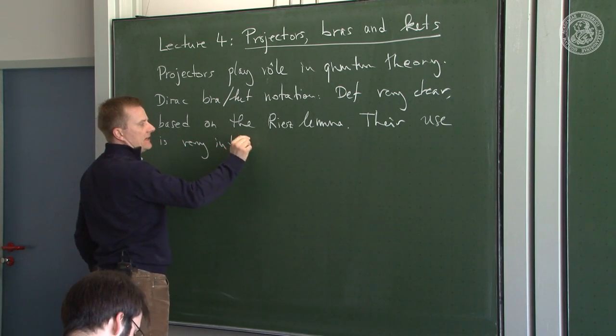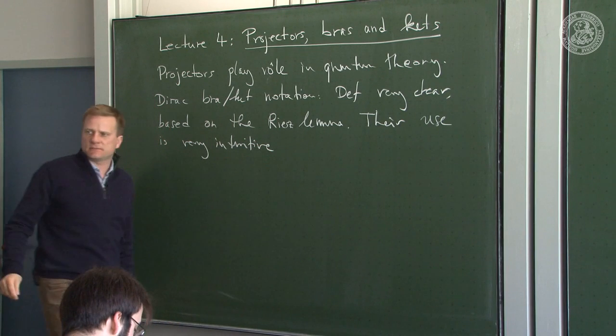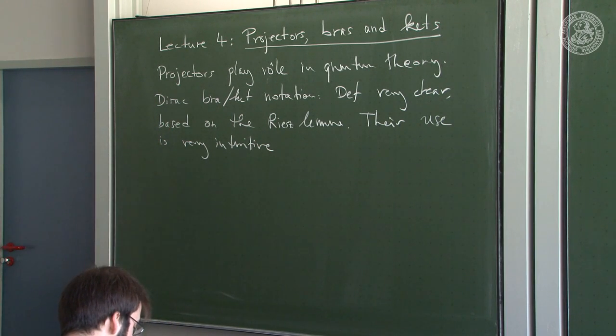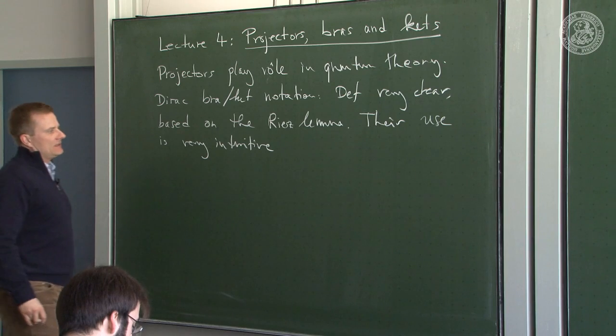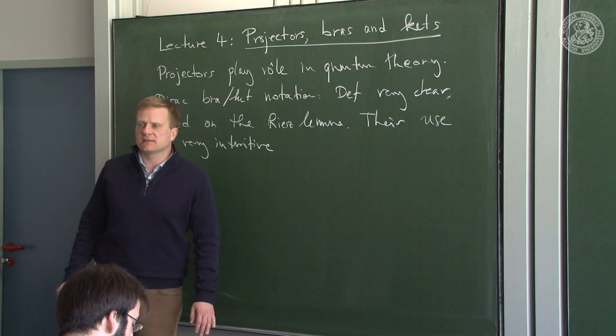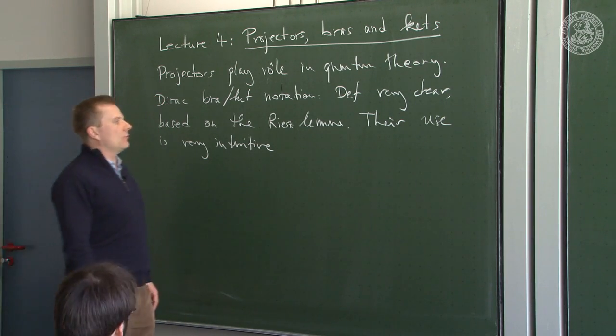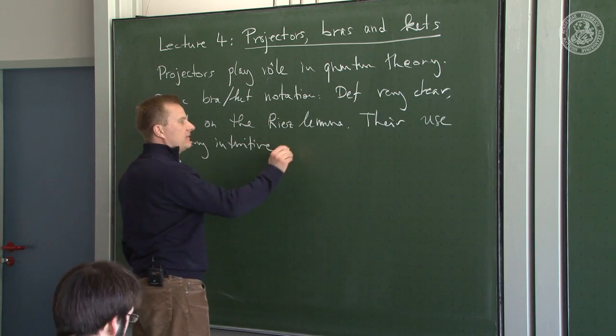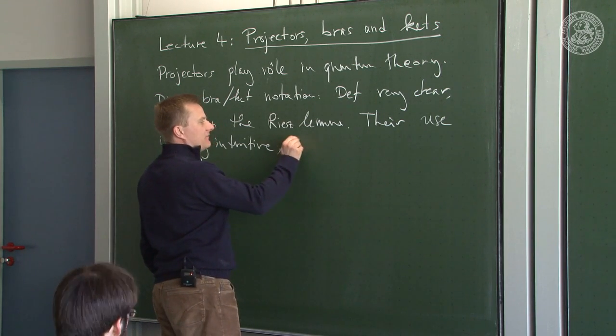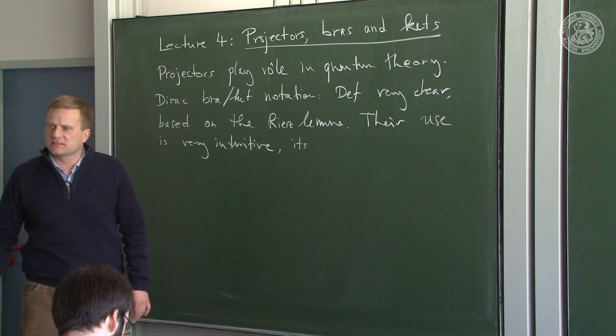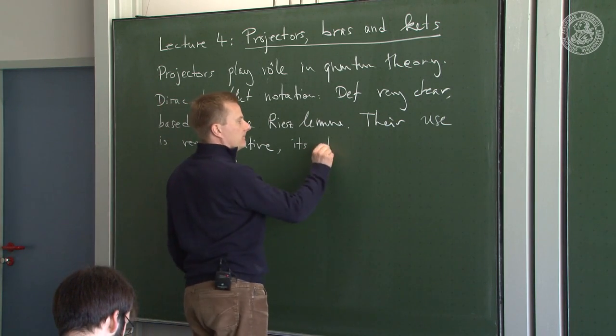And that's the reason why people like it, because you can write projectors using the bra-ket notation in irresistibly charming, simple form. Well, while their use is intuitive, the definition of that use is rather cumbersome.